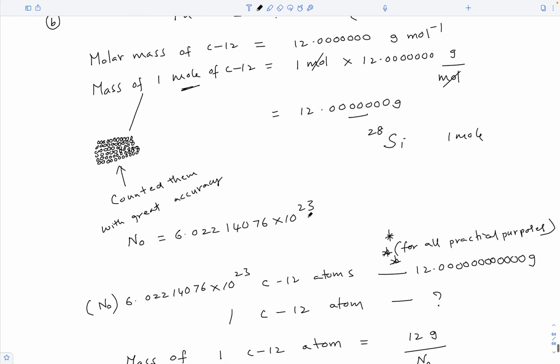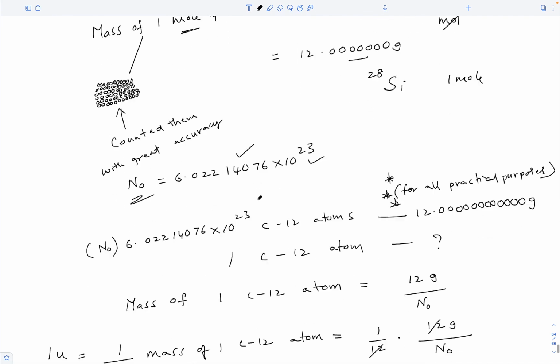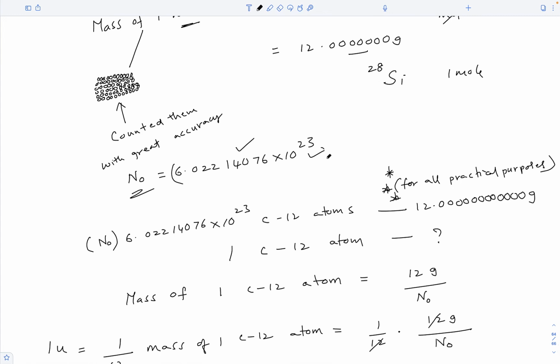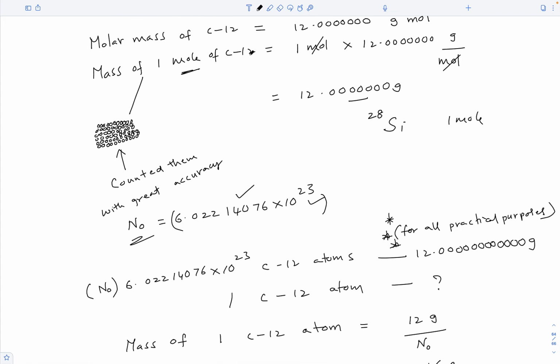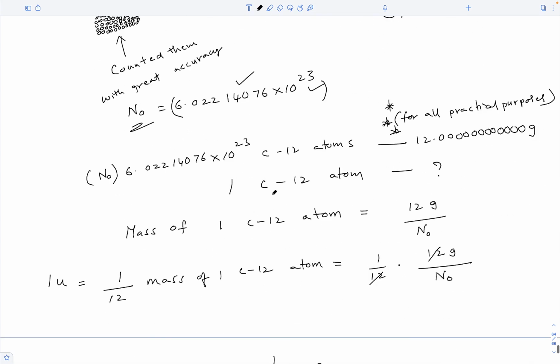And this is that number. This is what we call Avogadro's number. And this is a very accurate measurement. So that means these many atoms of C12 isotope weigh 12 grams. Then what will be the mass of one C12 atom?